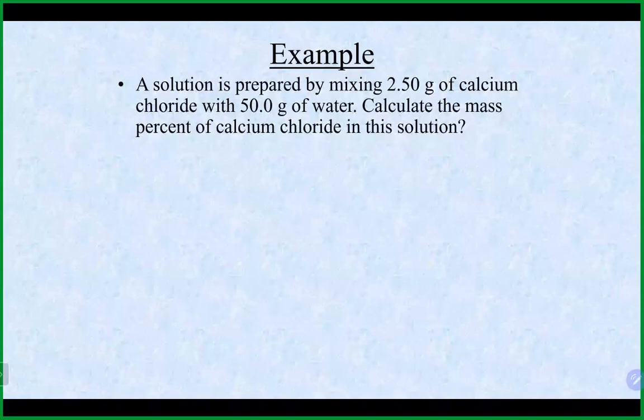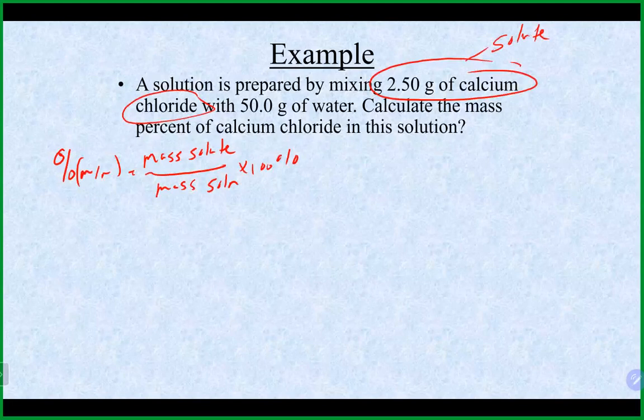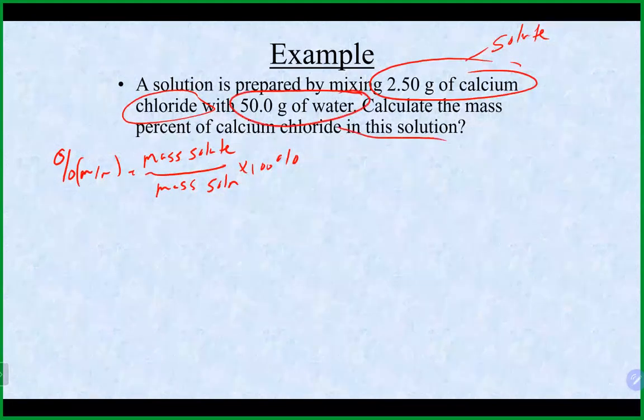So first in this case, we're going to try to find the percent mass to mass, which is, again, the mass of the solute divided by the mass of the solution times 100%. So in this particular case, it is the calcium chloride here, which is our solute, as it is the smaller part here. It is the water here that is our solvent.